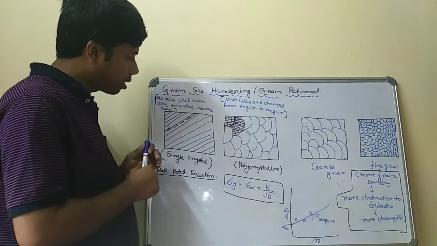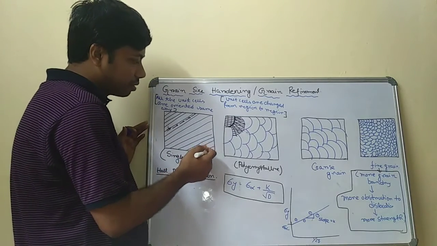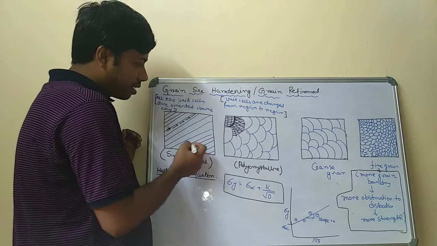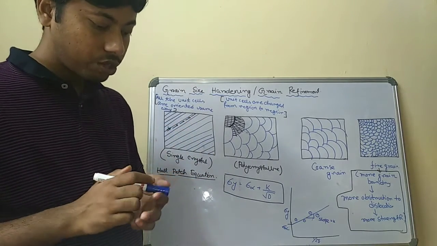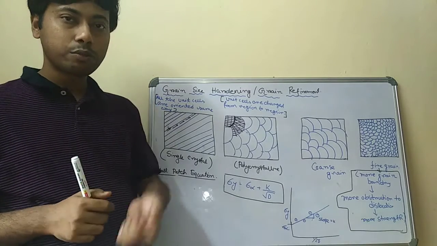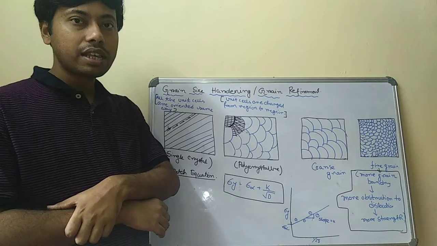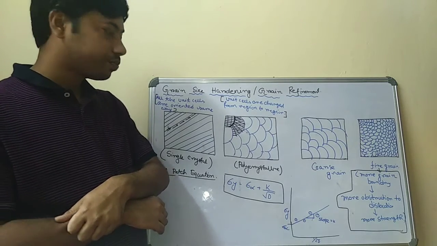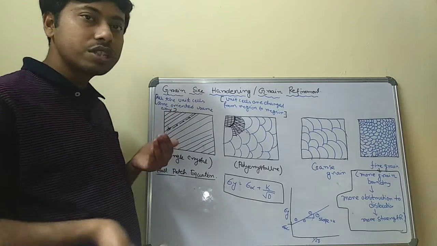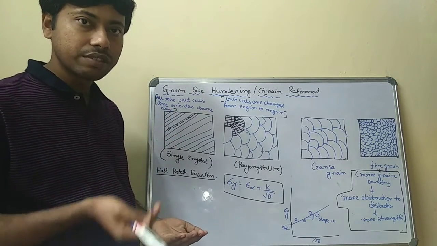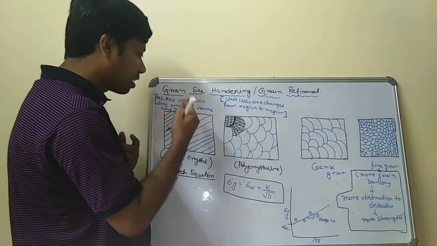As you see in this diagram, suppose this is your single crystal, in which you can see some slip planes and edge dislocations. A dislocation is one type of crystal defect, and it may be an edge dislocation as well as a screw dislocation. An edge dislocation can be positive or negative, depending on the extra half plane.